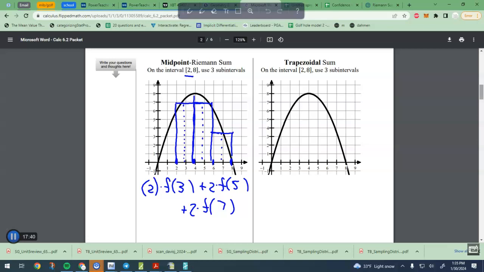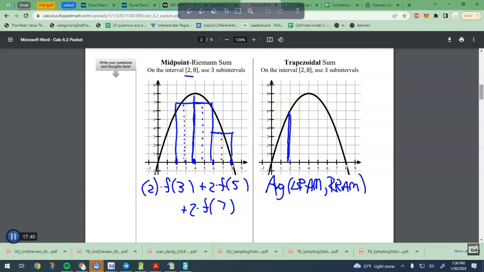And then trapezoid. I don't ever do trapezoid. Trapezoid is the average of LRAM and RRAM. What are LRAM and RRAM? Left and right. So this is left-hand rectangular approximation method, and right rectangular approximation method. If you average those two together, you can kind of see it.